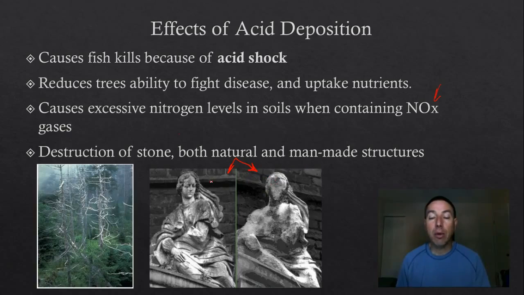You can see how it used to look versus how it looks now due to the acid deposition. If you think about the amount of acid deposition in this country, and all the bridges and buildings made of concrete, we are slowly dissolving our infrastructure away. Eventually our bridges and things are going to need to be replaced because of this continual weathering by acid deposition.